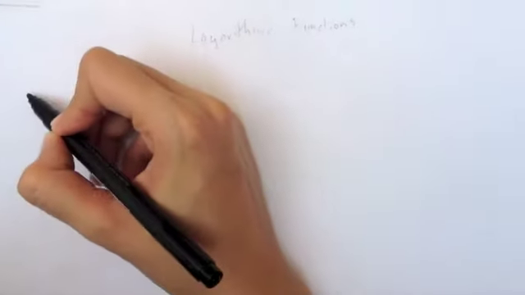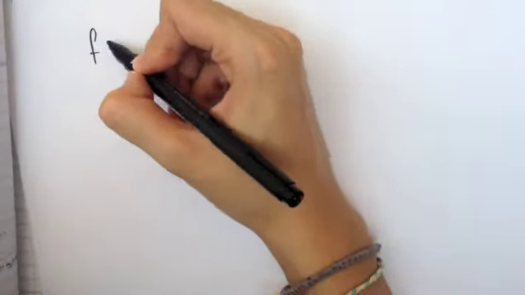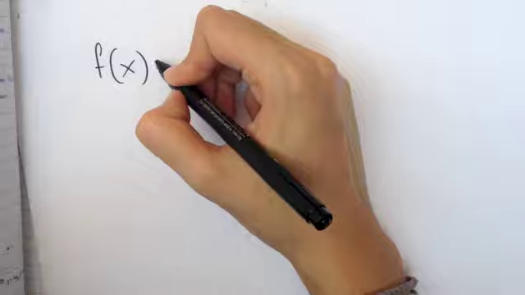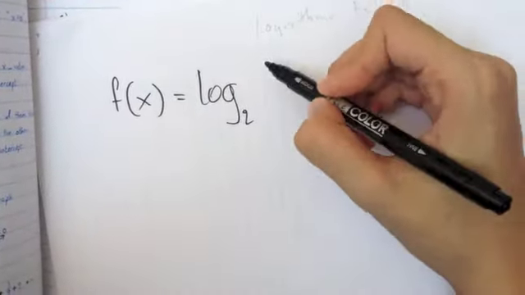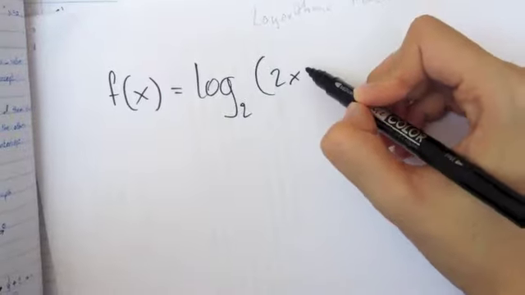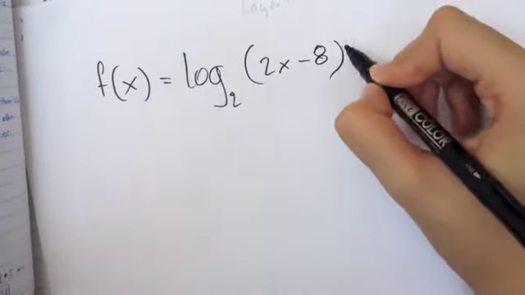Logarithm function. The first step, you need to find the VA, which is the vertical asymptote. For example, f of x is equal to log of 2x minus 8, minus 1.